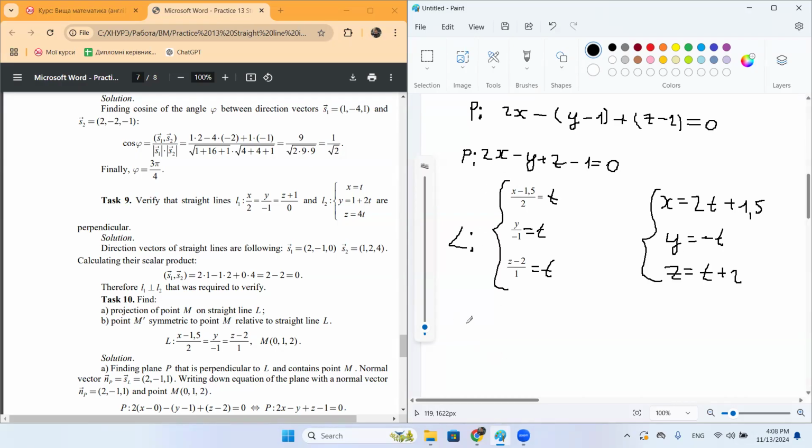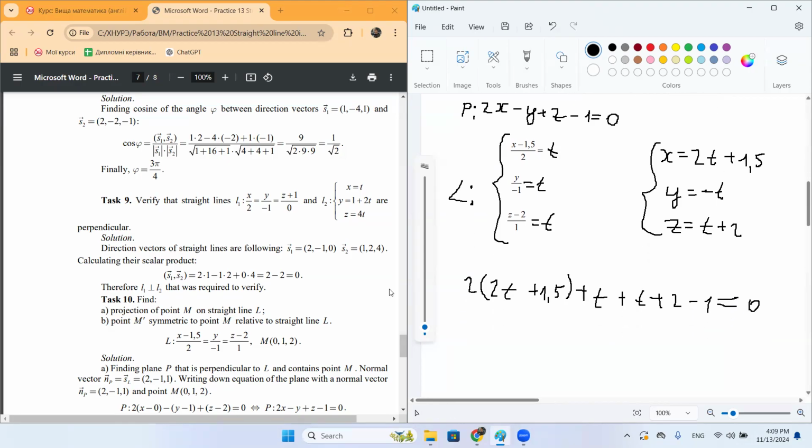And now let's substitute into the equation of plane P. So 2 by (2t plus 1.5) plus t plus 2 and minus 1 equals 0. Let's expand first of all. So 4t plus t plus t, so 6t.